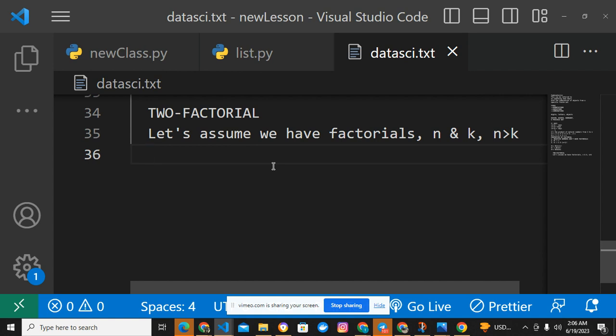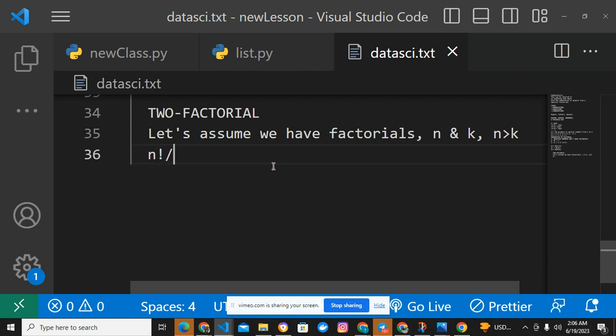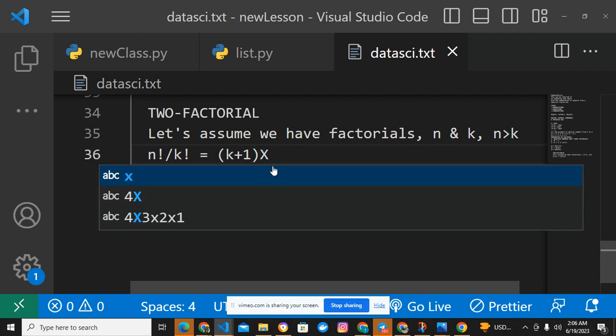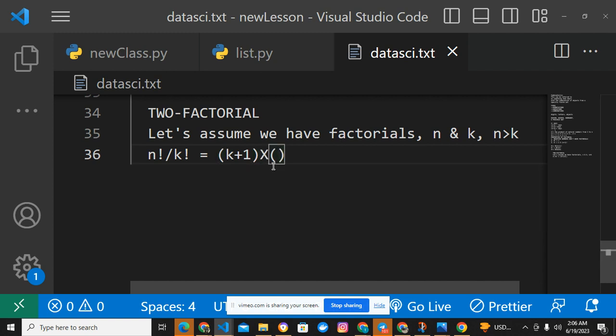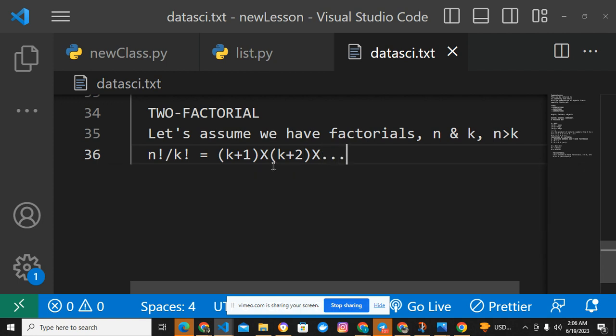So n factorial divided by k factorial is the same thing as having (k plus 1) times (k plus 2), times up till times n.